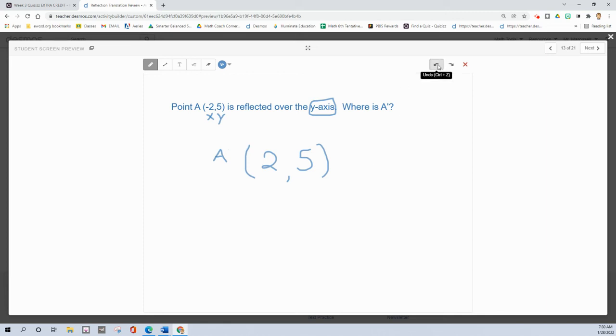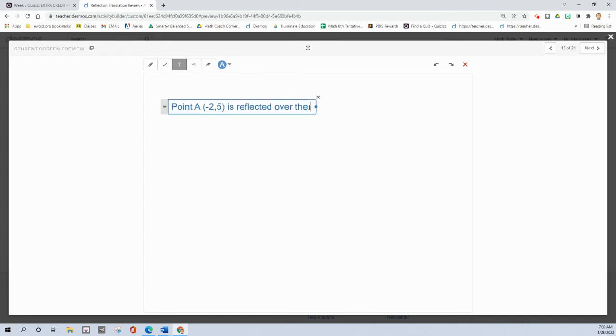All right, what if I said, let's just say it's reflected over the x-axis, and where is A prime? Let's change this up a little bit. Let's go (-4, -5), okay?